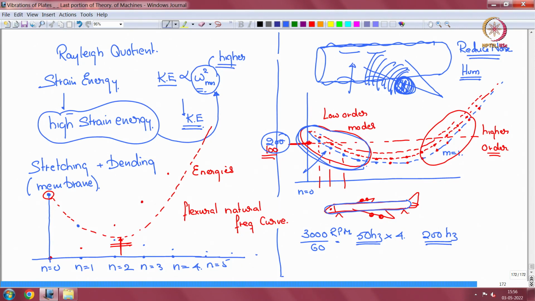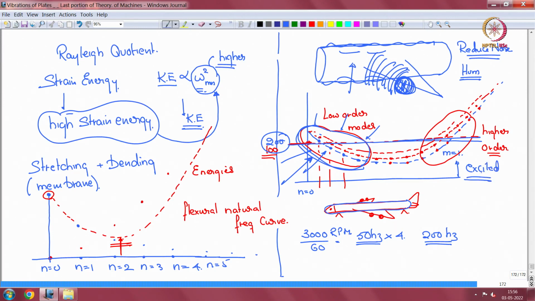Now nature is not very forgiving. You may be able to attack the structure and reduce these lower order modes, reduce their amplitude, thereby reducing noise. But because the frequency is the same for the higher order modes also, when I try to reduce these lower order modes, these higher order modes will get excited more.